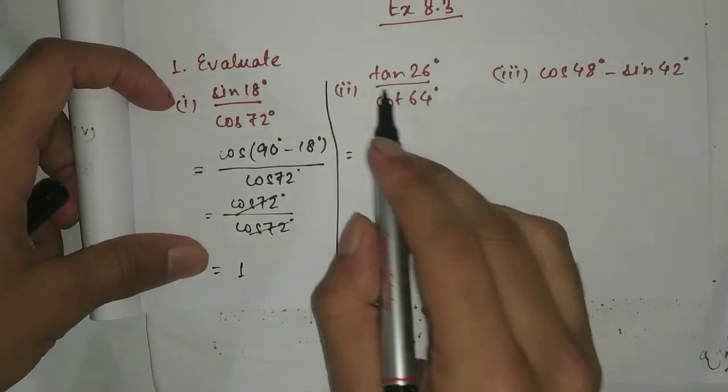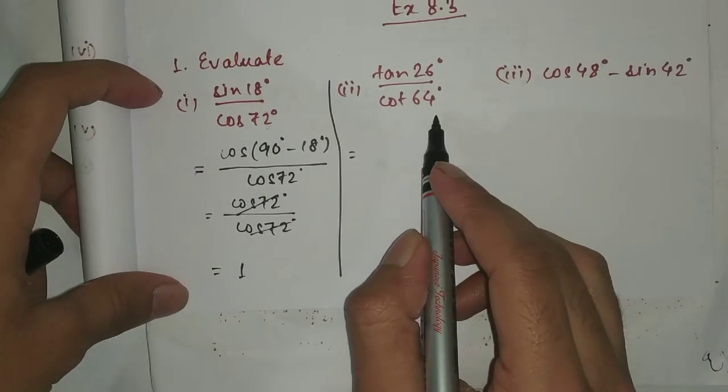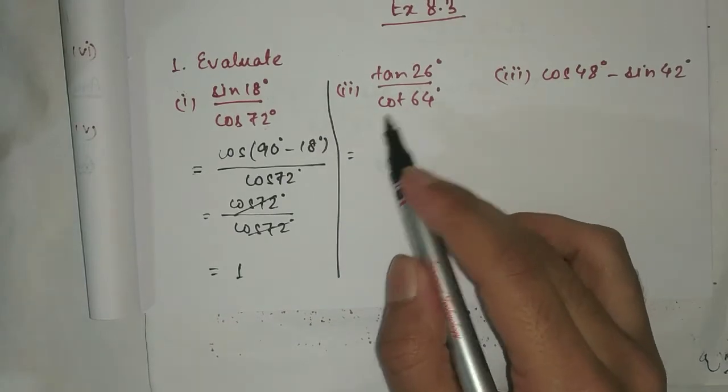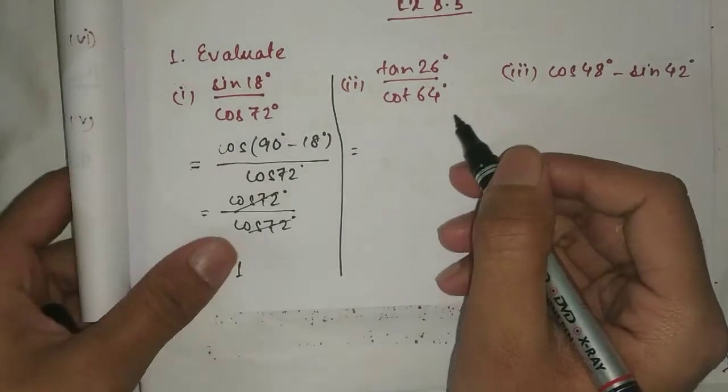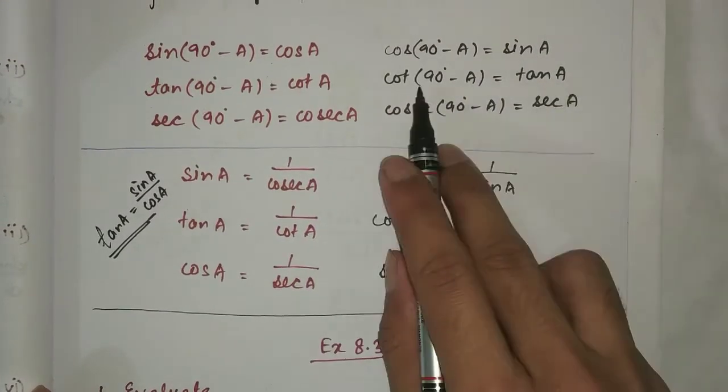The next part is tan 26 by cot 64. What we do here is also convert either both the numerator and denominator in terms of tan or in terms of cot. We see that tan of a is equal to cot of 90 minus a.